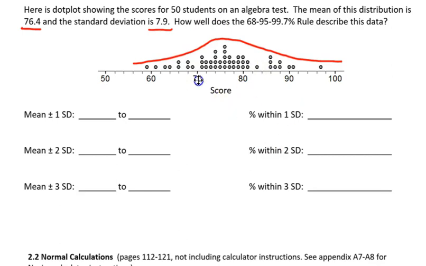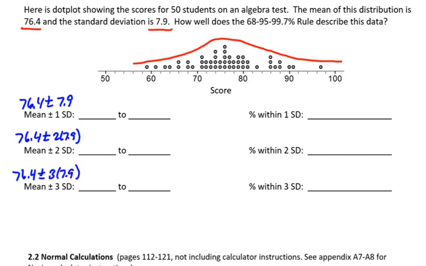So the question is, if we were using this mean and standard deviation, let's find the boundaries of plus or minus 1, 2, and 3 standard deviations from the mean. In other words, I'm going to do 76.4 plus or minus 7.9, 76.4 plus or minus 2 times 7.9, and 76.4 plus or minus 3 times 7.9.